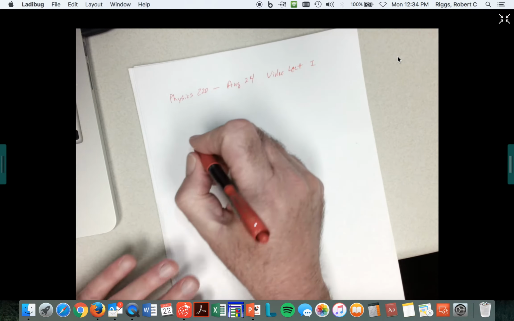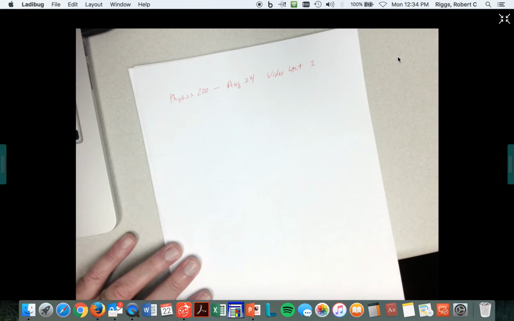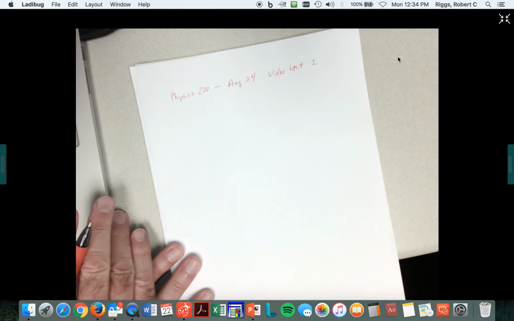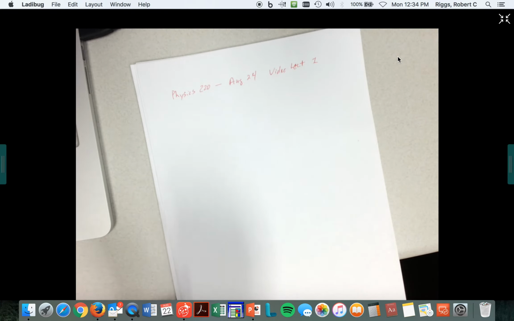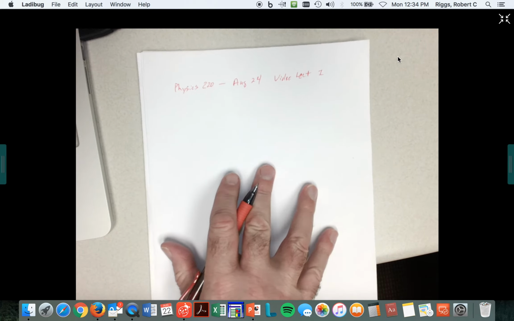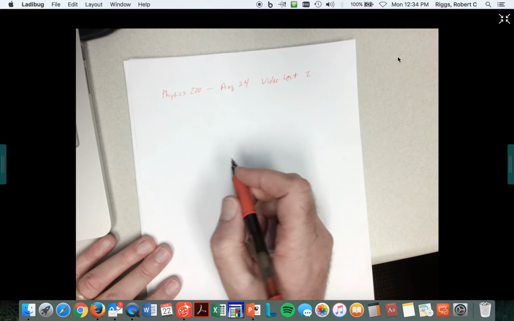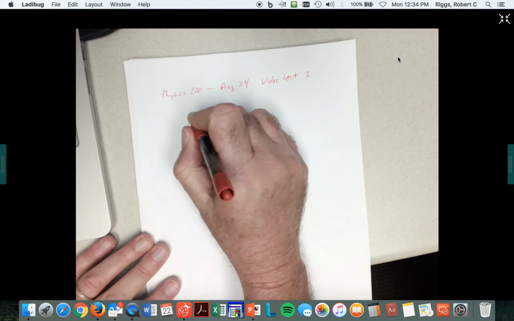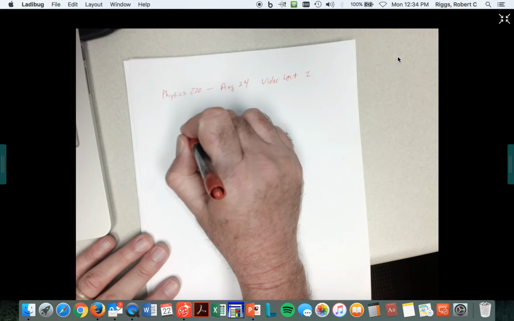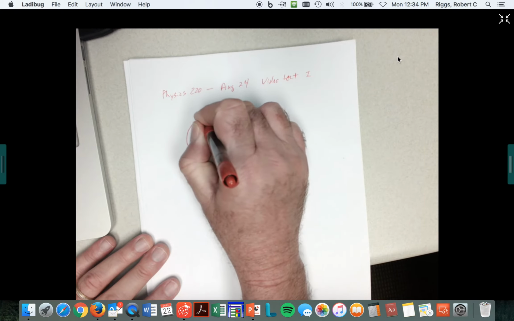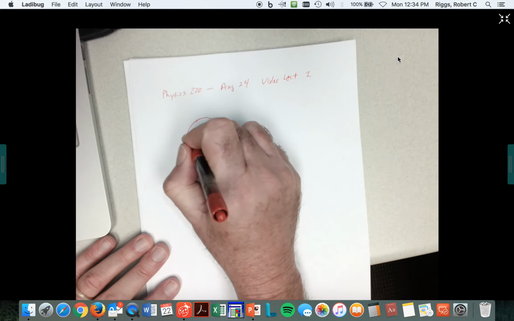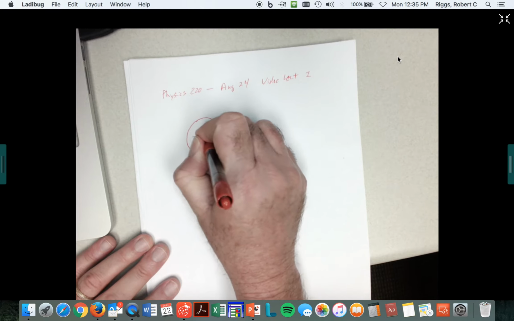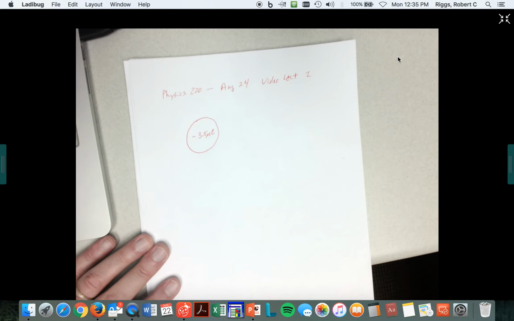Now, we usually deal in microcoulombs, because a bolt of lightning is like 10 to 20 coulombs, which is a heck of a lot of charge and a heck of a lot of energy. So let's say I've got this sphere here, and it contains -3.5 microcoulombs of charge.